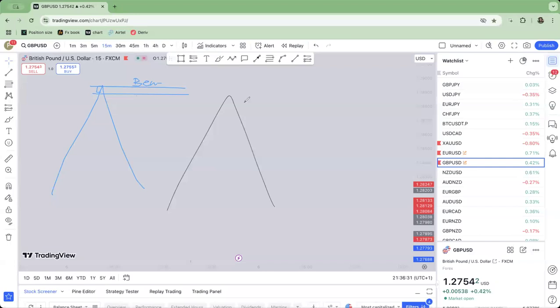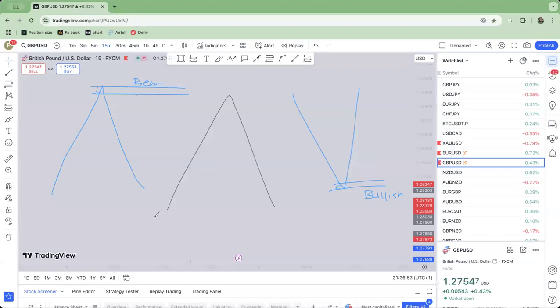To this side, the last bearish candle before the market started going up is our bullish order block.